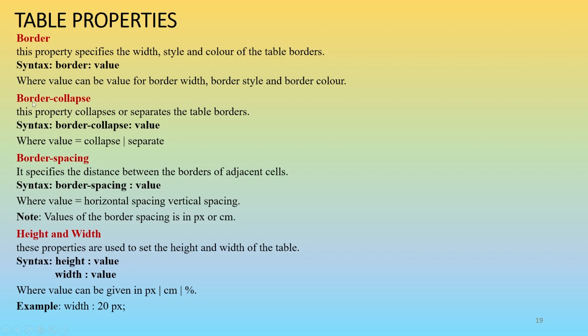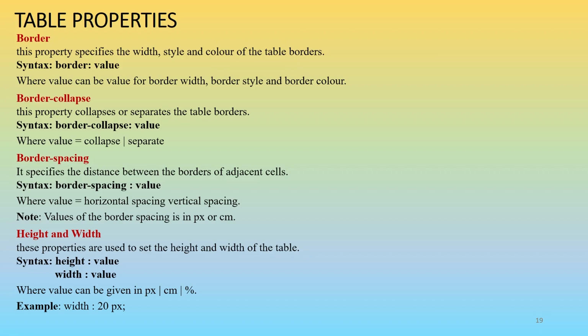Next attribute is border-collapse. This property collapses or separates the table border. Collapse means the two cells appear adjacent to each other. They are not separated.